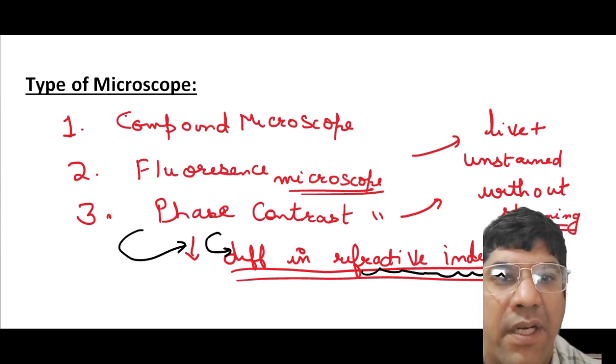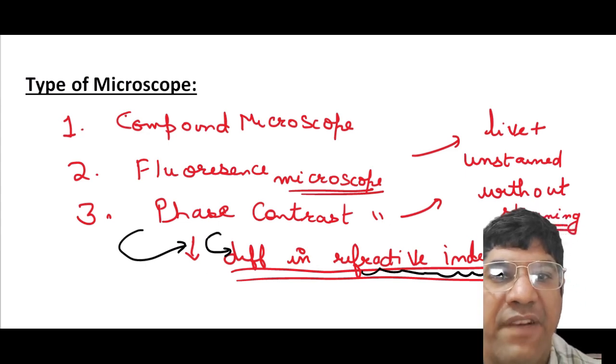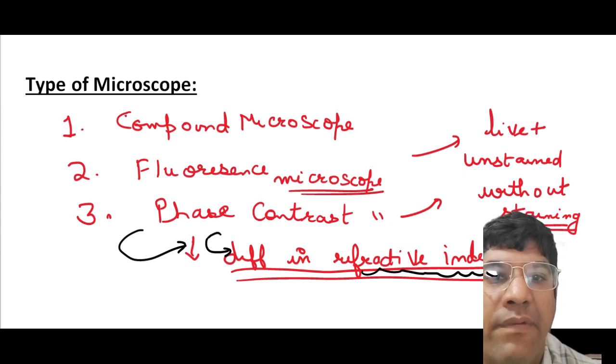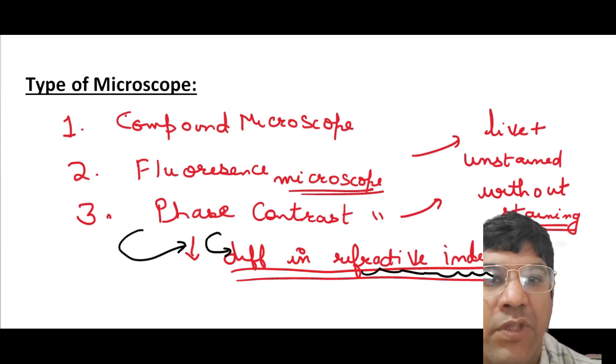So in phase contrast microscope, the phase difference between the light that passes through the object, that is the bacterial cells, and light that passes through the surrounding medium is converted into differences in the intensity of light. This conversion is achieved through specialized optical components that include the phase plates and the annular rings.